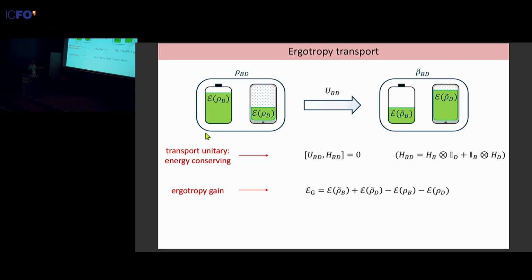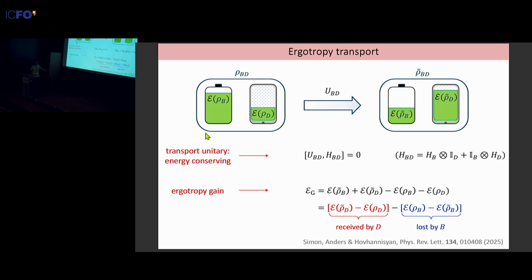And again, just to study the transport problem, we look at the ergotropy gain, which is a positive way to look at it. We could of course look at ergotropy loss, because this is typically what you expect, something lossy happening, but we concentrate on the positive. So we look at the gain, which is the final local ergotropies minus the initial local ergotropies.